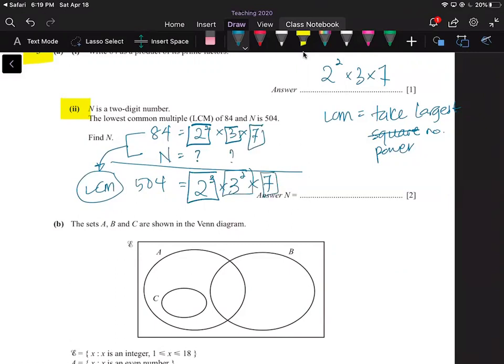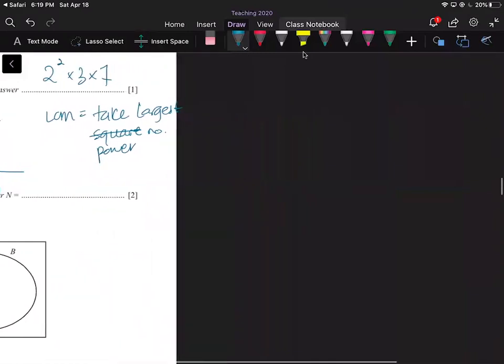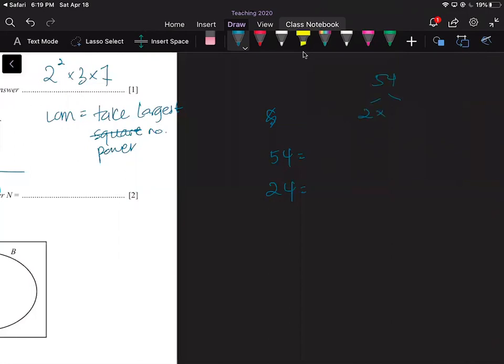How do we find it? Basically, to find the LCM and n, let me explain with a different example. For example, we have 54 and 24. 54 is 2 times 27, and then 3 times 9, and then 3 times 3.